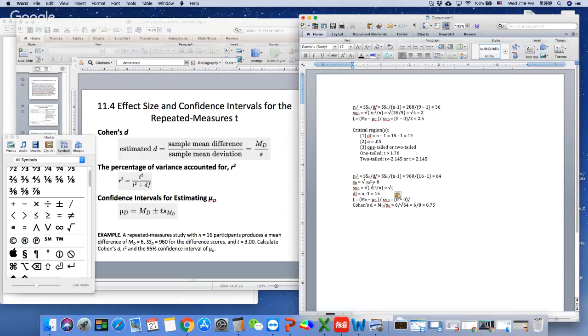So SMD square is 64 divided by the n, which is 16, which equals 4, so SMD is the square root of 4, which is 2. So the t value equals 3, and we can compute the R square.